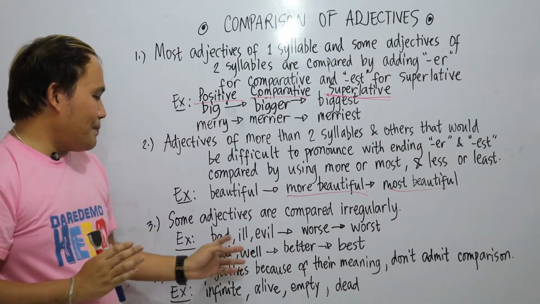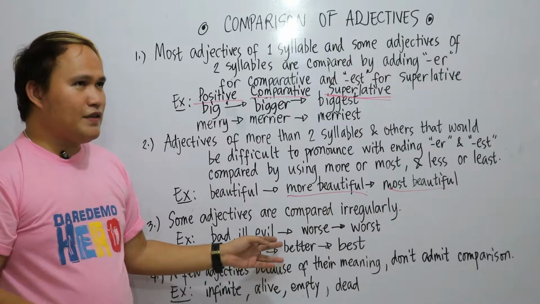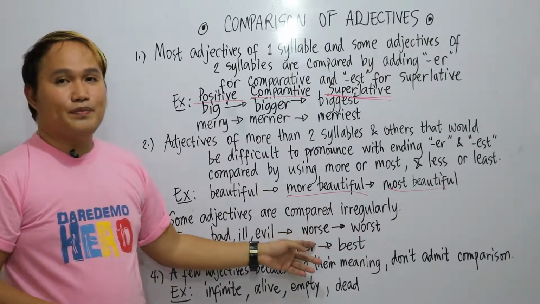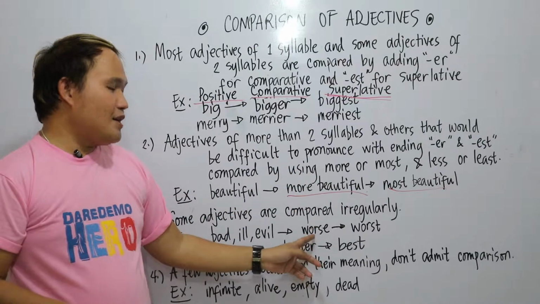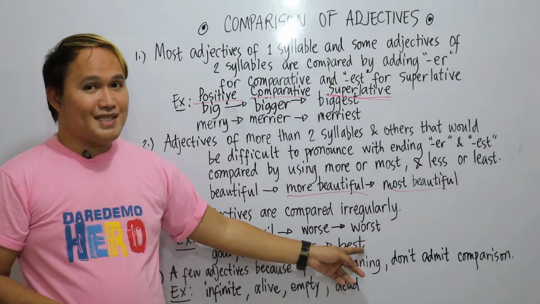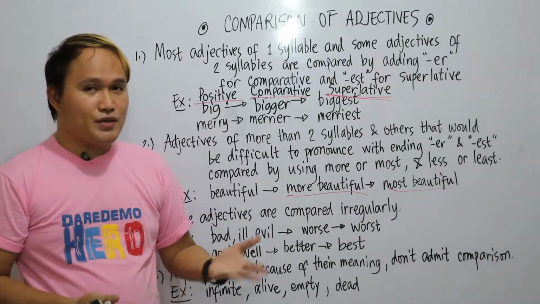From bad, ill, evil, instead of saying badder, iller, or eviler, you will have to use the word worse in comparing. For superlative, worst, with a T, if you are comparing more than 2 nouns.